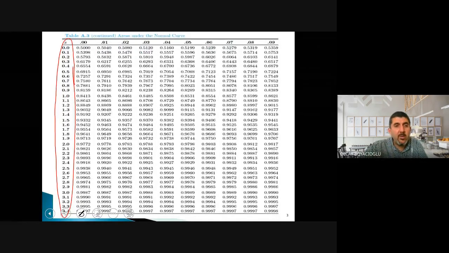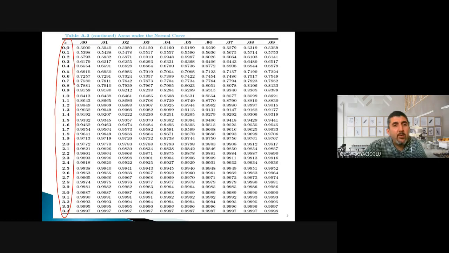Our number was 0.47. Here, look at it. It starts with 0.0, 0.1, 0.2. Oh, this is my number, 0.4. But I was going to look at 0.47. So my number would be in this line here.